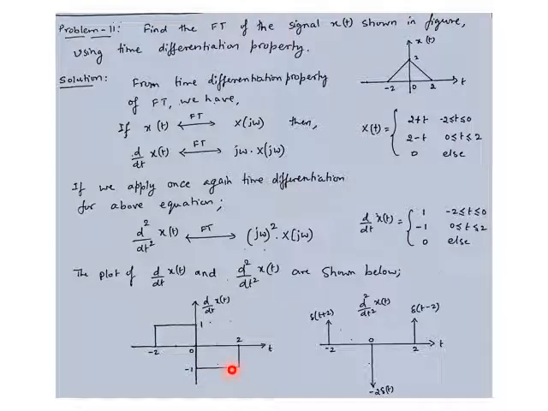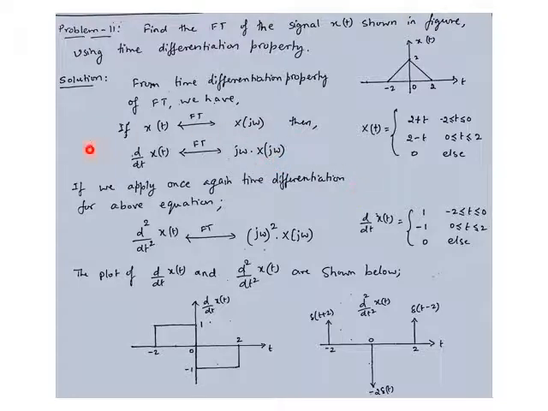But we will try to do the time differentiation twice. I'll discuss later why we need to apply double time differentiation. So we apply the time differentiation property once again to the time-differentiated signal. The Fourier transform of d by dt of x of t is j omega into X of j omega.